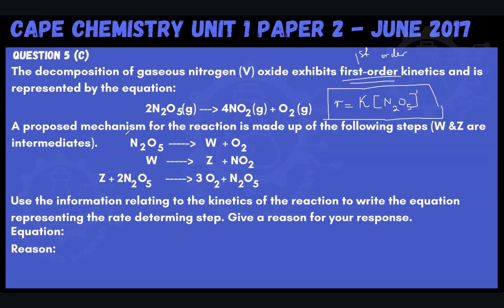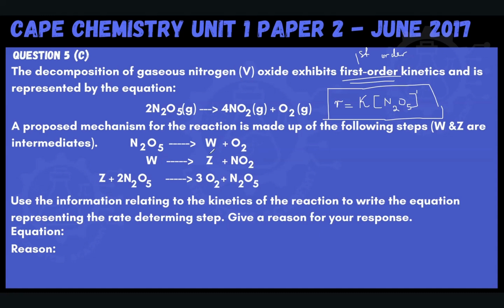A proposed mechanism for the reaction is made up of the following steps, where W and Z are intermediates. So here's our first step in that proposed mechanism. We have our nitrogen 5 oxide getting decomposed to W and oxygen gas. We then have this intermediate W going to Z plus nitrogen dioxide.